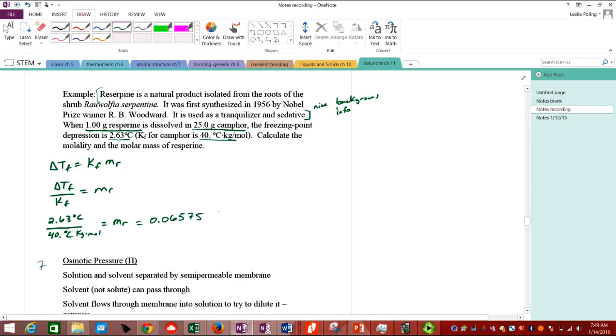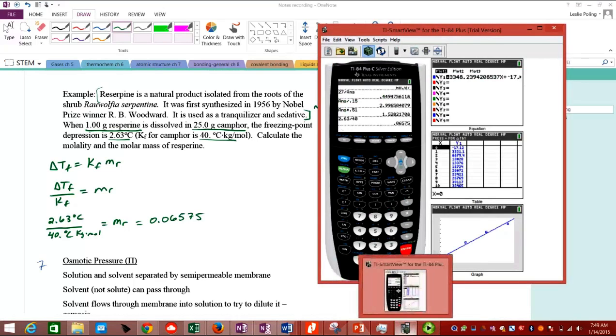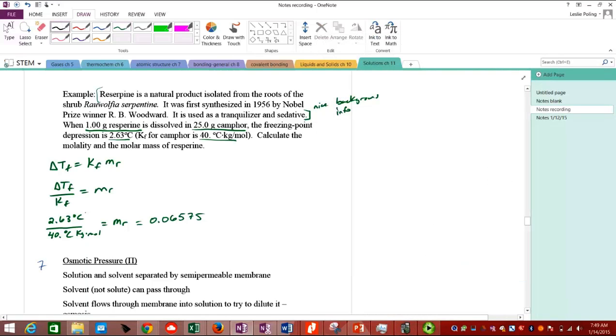Let me pull my calculator up and make sure that's it. 0.06575. All right, so what are the units on this? Well, degrees Celsius cancels. I wrote this wrong. So we are dividing by kilograms per mole, so that flips. So we have moles per kilogram.